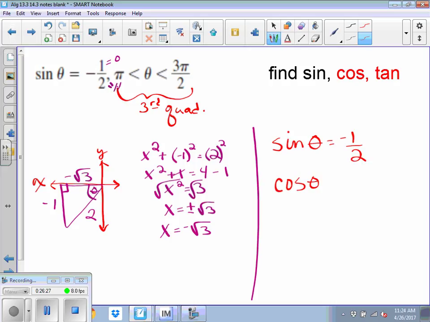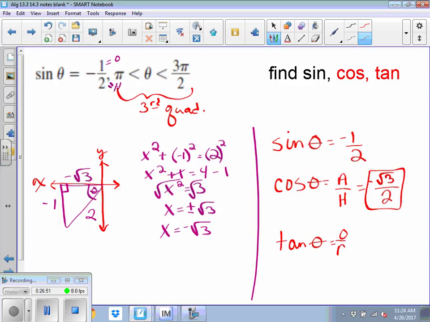Cosine theta is adjacent over hypotenuse. What's adjacent? Negative square root of 3. And hypotenuse is 2. And tangent is what over what? Yeah. Good. Opposite over adjacent.